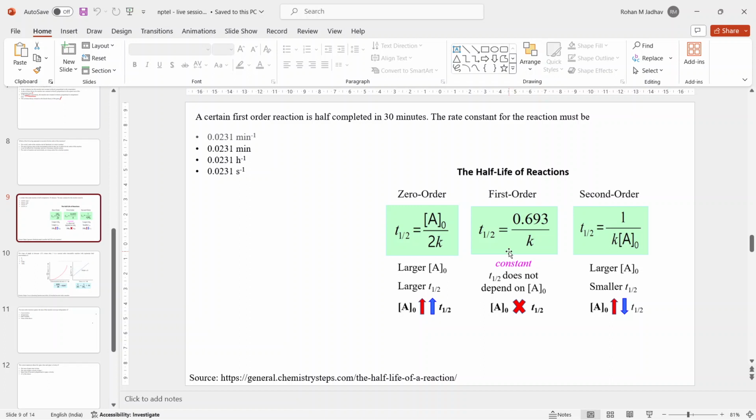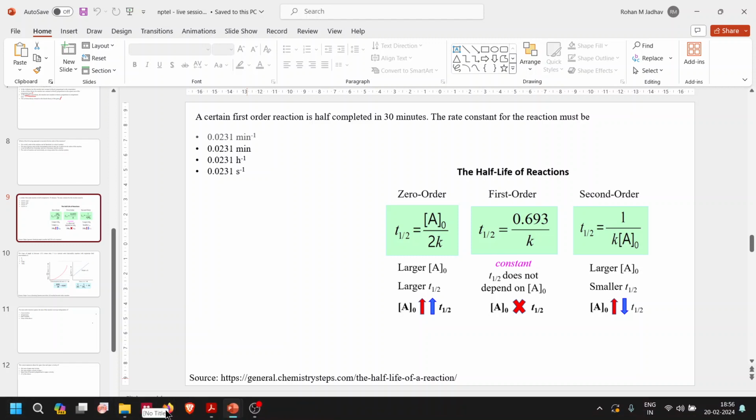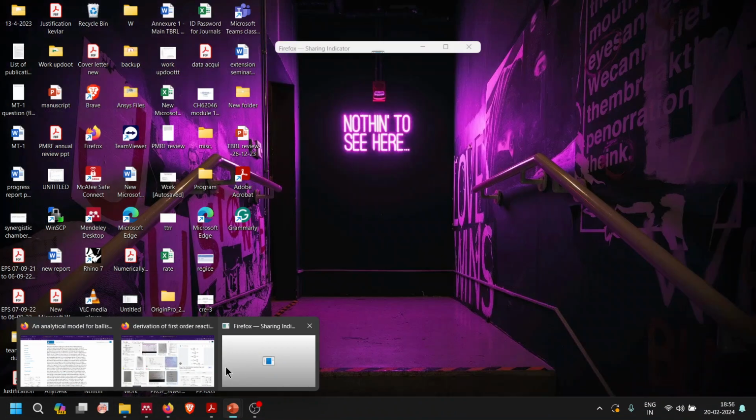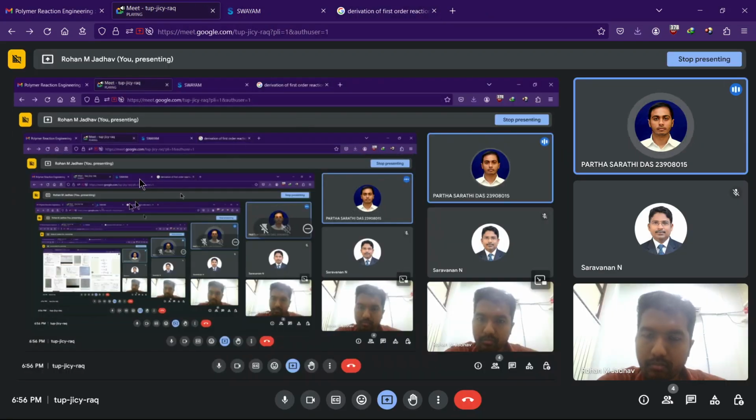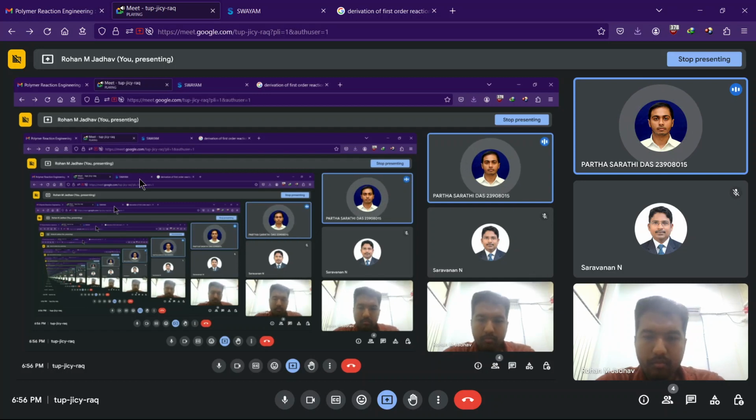Sir, one more thing, I was facing some problem while deriving one equation, while solving these step-by-step equations. The name of the equation is for second order irreversible reaction.